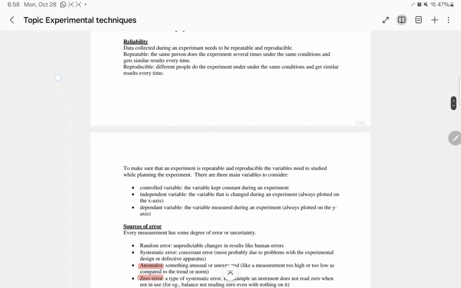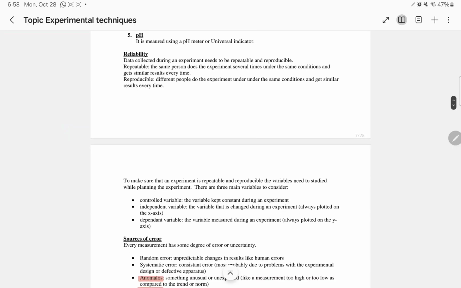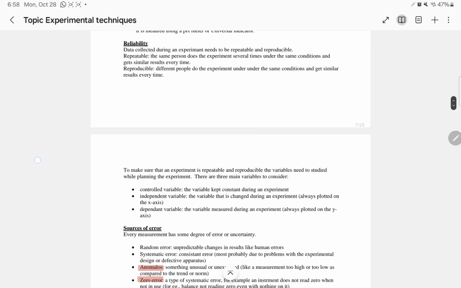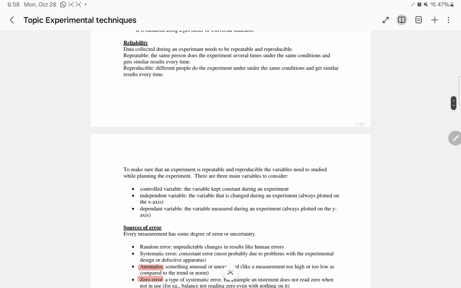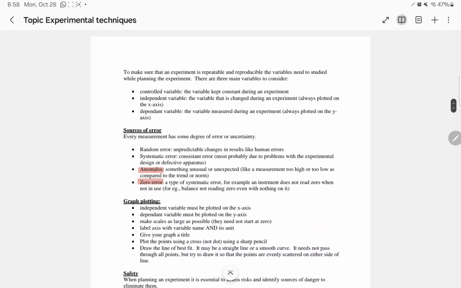Reliability: you need to have reliable information that is repeatable, so that when you repeat it again you get really similar results, and reproducible, so that different people can do it. No matter how many times you do it at the same conditions, you get similar results. To make sure it's repeatable and reproducible, the variables need to be studied.